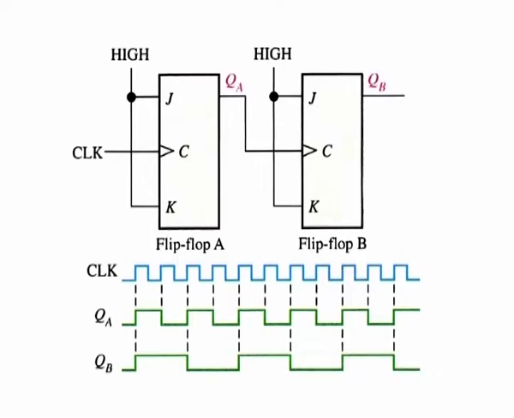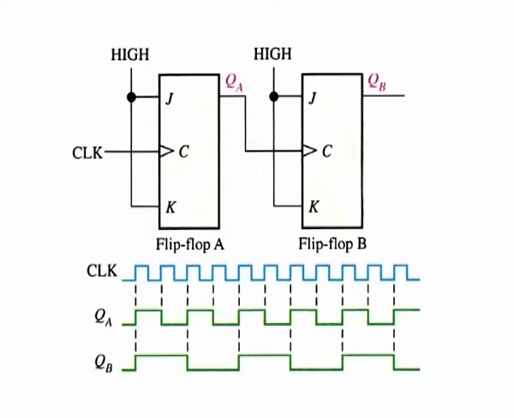Further division of a clock frequency can be achieved by using the output of one flip-flop as the clock input to the second flip-flop. The frequency of the QA output is divided by 2 by flip-flop B. The QB output is therefore 1/4 the frequency of the original clock input.